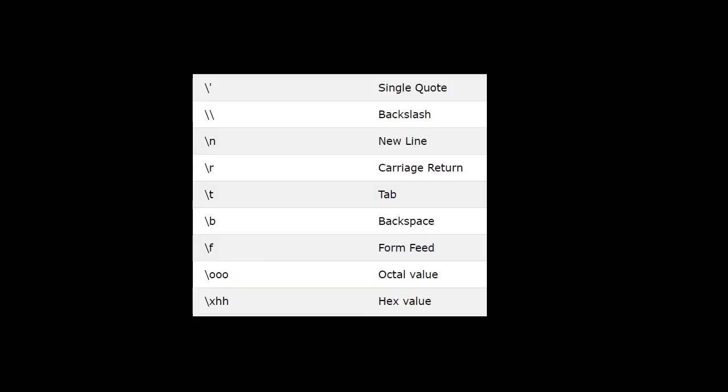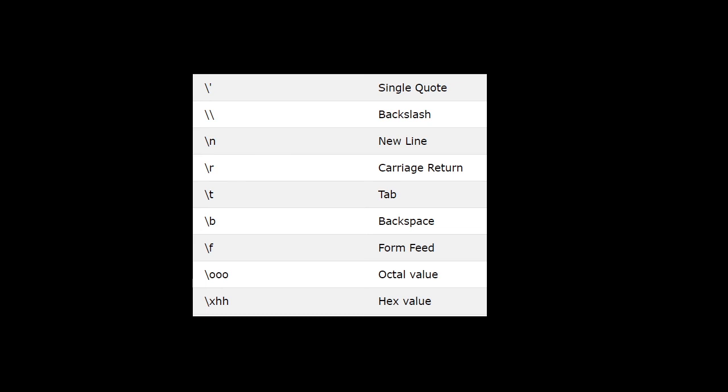These are the other escape characters used in Python. Backslash single quote means single quote. Then backslash is used. Then new line is used. Carriage return is used. Tab, backspace, form feed, octal value, hex value.